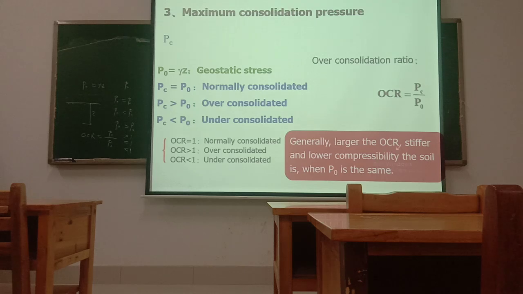The OCR value has some influence on the soil compressibility. Generally, the larger the OCR, the denser and lower the compressibility of the soil is, when P0 is the same.